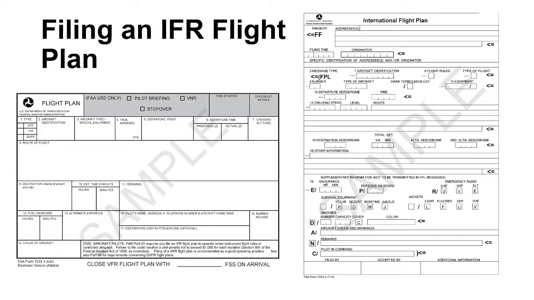Now we use the ICAO flight plan. The only real trick to the ICAO flight plan is in all this equipment information. Every airplane that you fly, that you're going to file IFR, the biggest thing you've got to do is sit down and fill that information out before you ever get there.